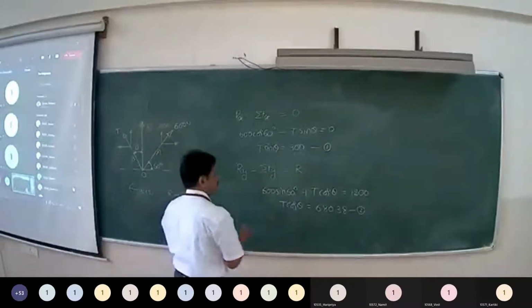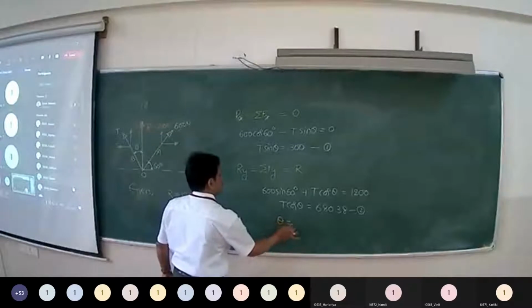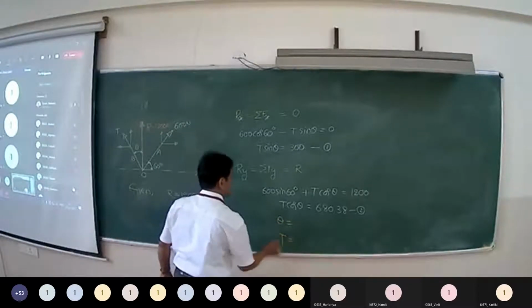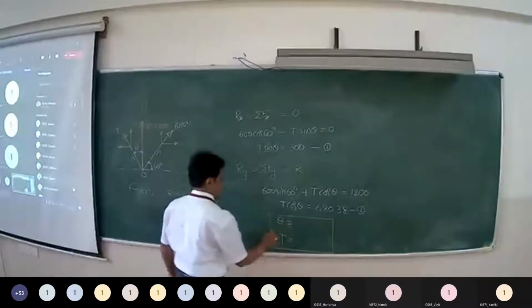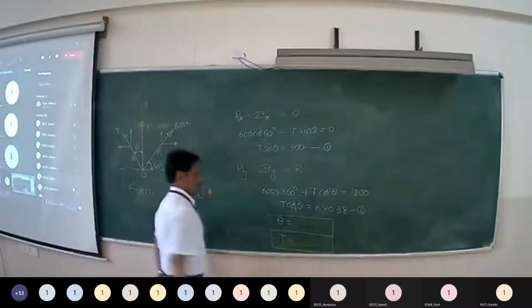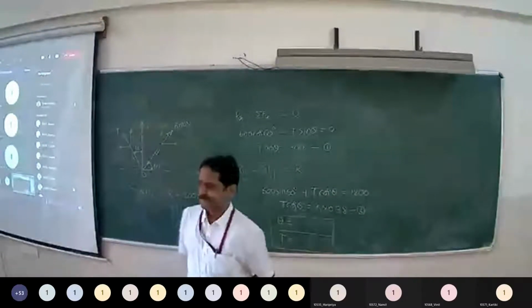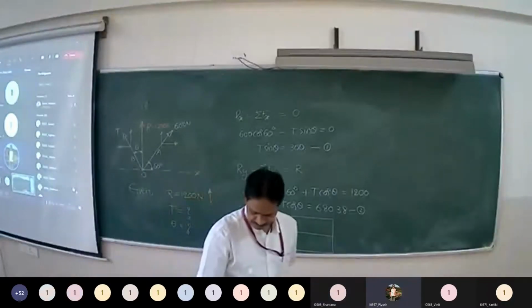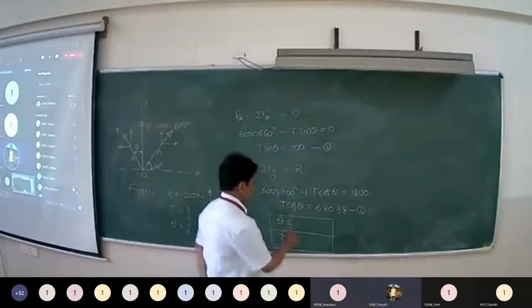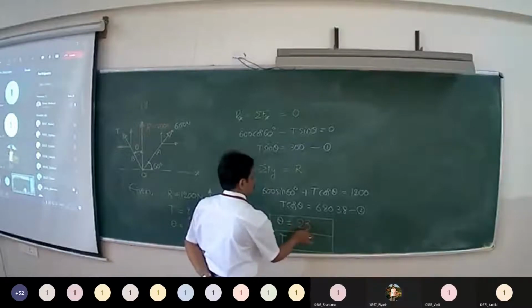So from these two equations, you can get theta and T. Theta is equal to 23.74. Sir, theta is 23.8. Right. 23.8.